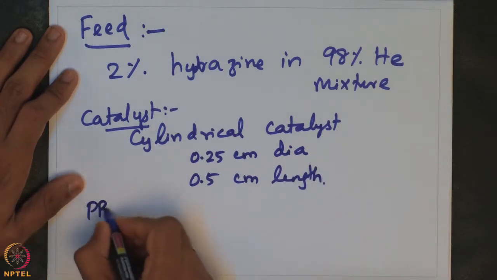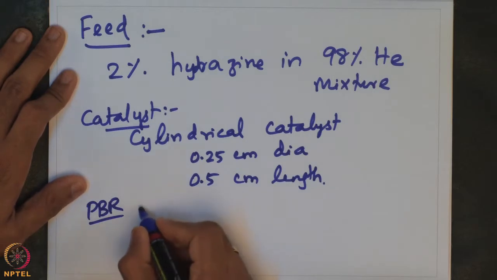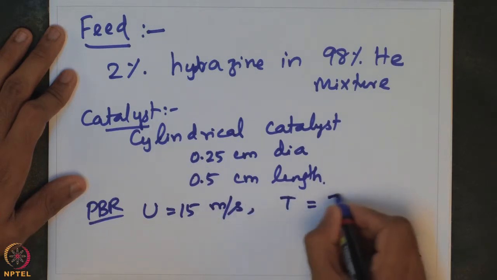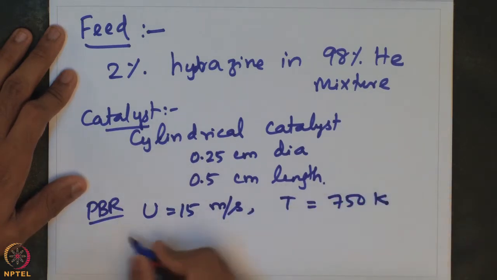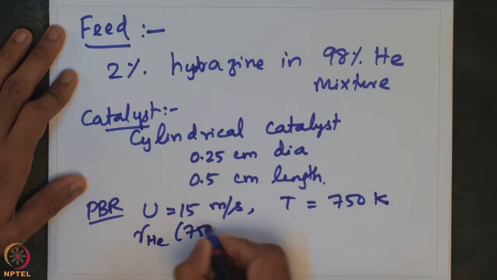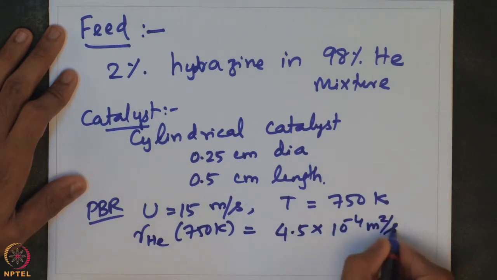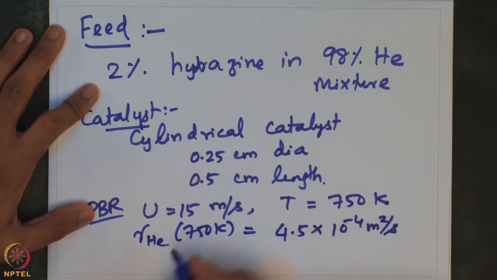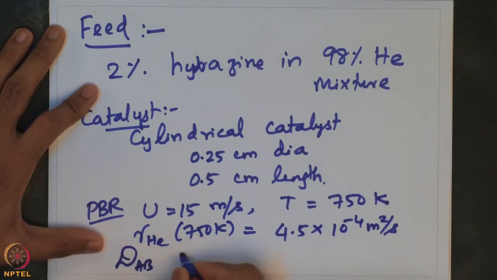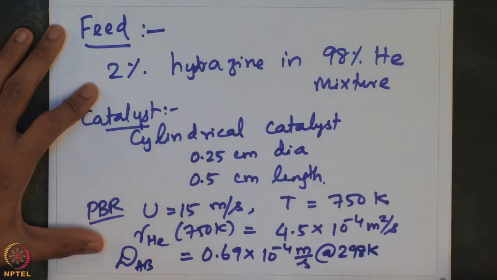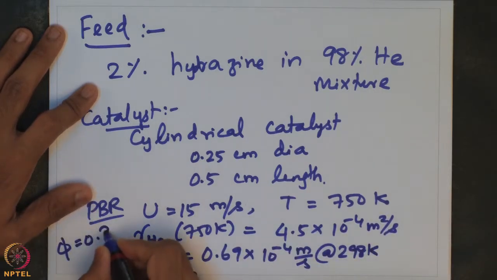And the properties with which the reactor is operated are, the superficial velocity is 15 meters per second, and the temperature at which the reactor is operated is 750 Kelvin, and we assume that the kinematic viscosity of helium at 750 Kelvin is 4.5 into 10 power minus 4 meter square per second, and we also assume that the equimolar counter diffusivity of the species is 0.69 into 10 power minus 4 meter square per second at 298 Kelvin, and we assume that the porosity of the bed is 0.3.